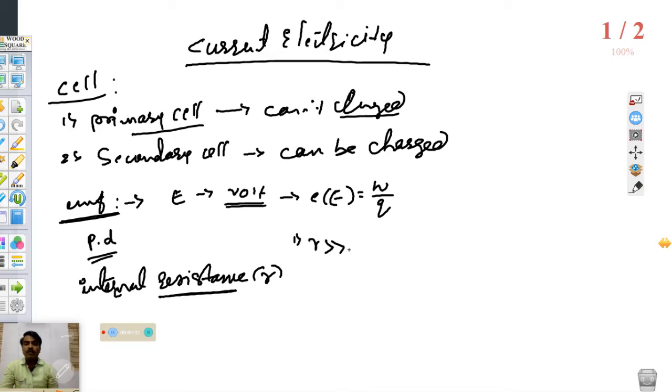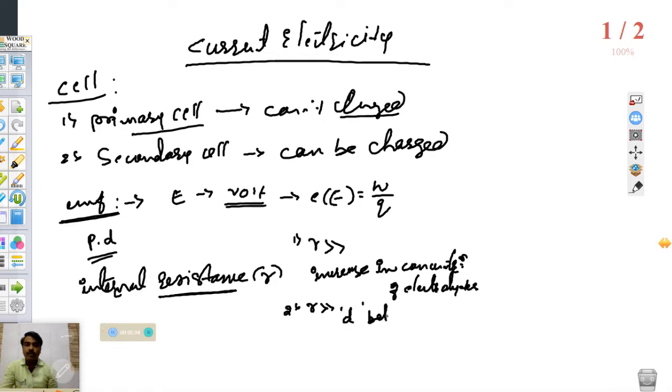The first parameter: the internal resistance r increases with the increase in the concentration of electrolytes. The second factor: internal resistance again increases if the distance between the electrodes increases.